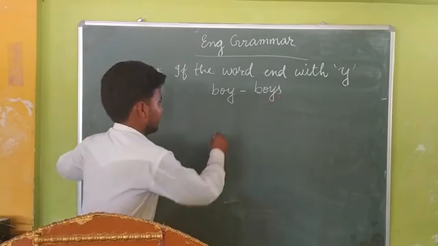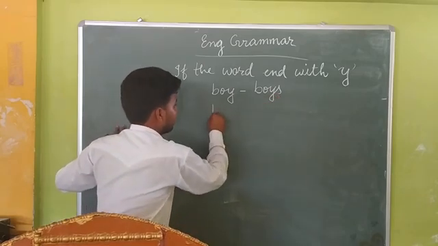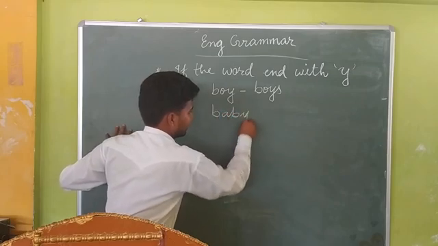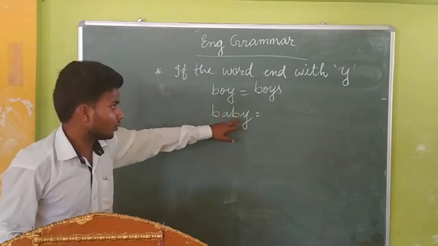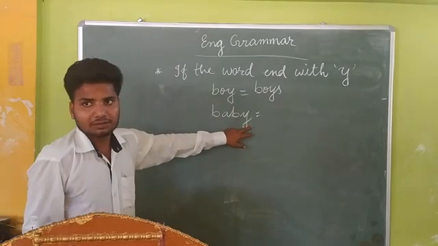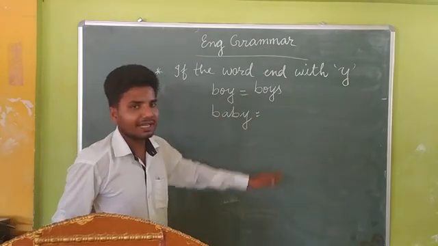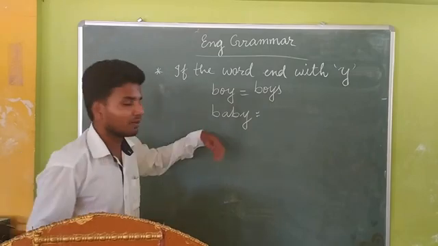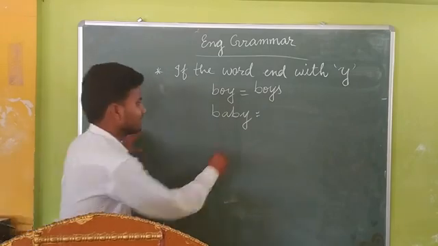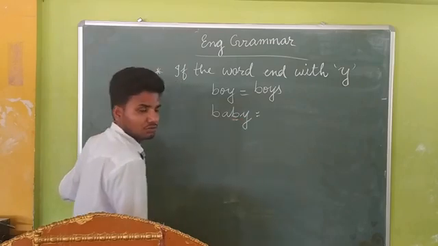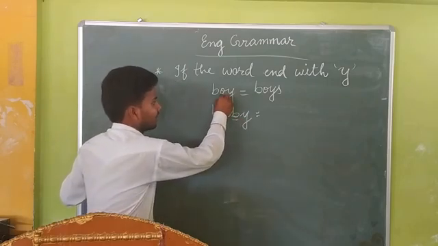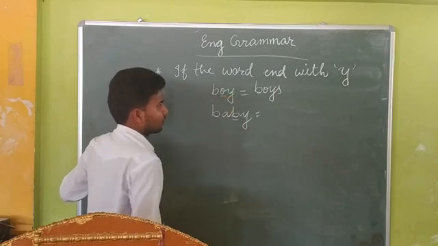But what happens here? I am taking another example. Baby, B-A-B-Y. You are seeing that the word baby also ends with y. But here you have to apply another rule. You need to convert y into i. You know why? Because just before y there is a consonant. Here B is a consonant, but in the word boy, just before y, O is a vowel.